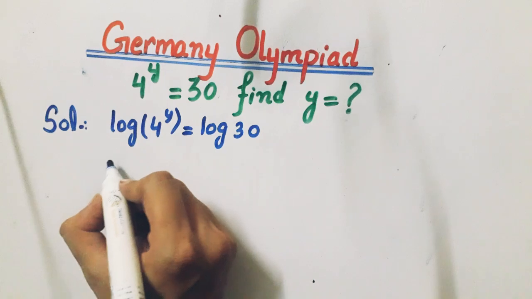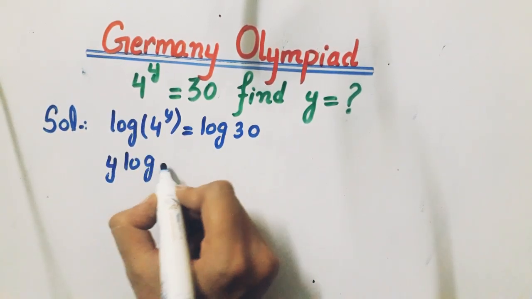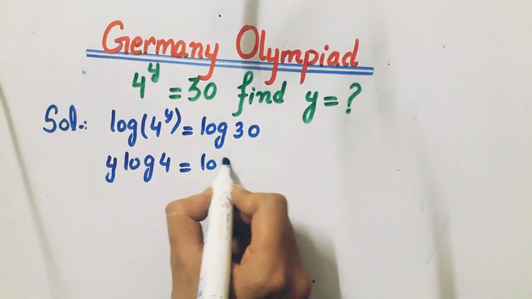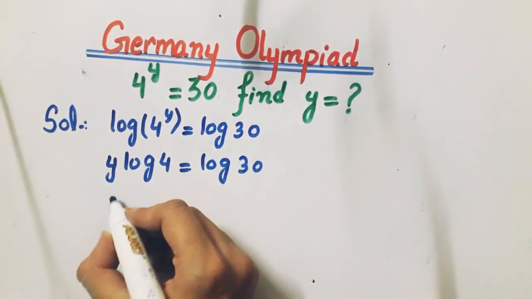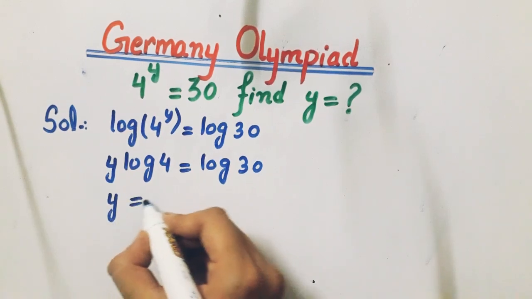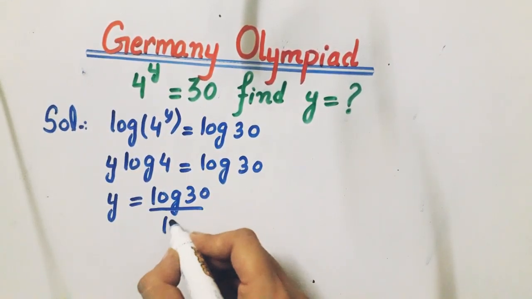Then the power will come in front, so it becomes y log 4 equals log 30. Now we will write the value of y as y equals log 30 divided by log 4.